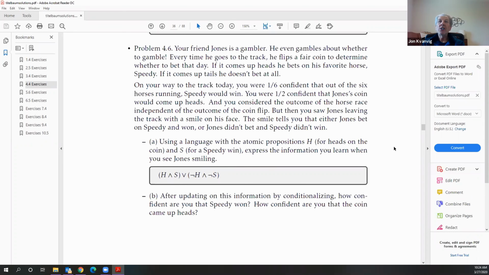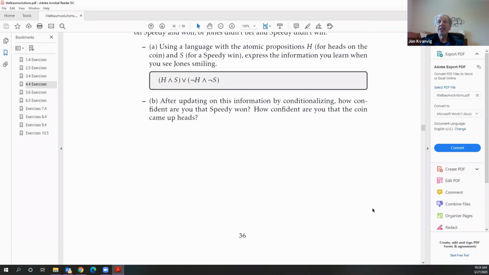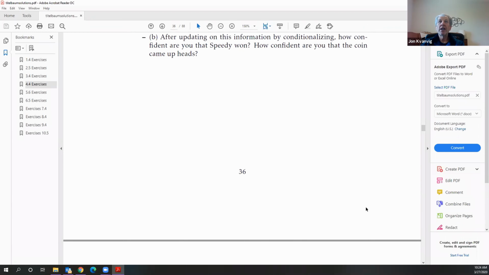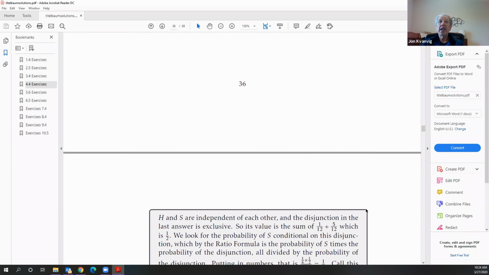So use H and S for Speedy wins and coin comes up heads, express the information you learned when you see Jones. So what you learned was H and S or not H and not S. After updating on this information by conditionalization, how confident are you that Speedy won? How confident are you that the coin came up heads?